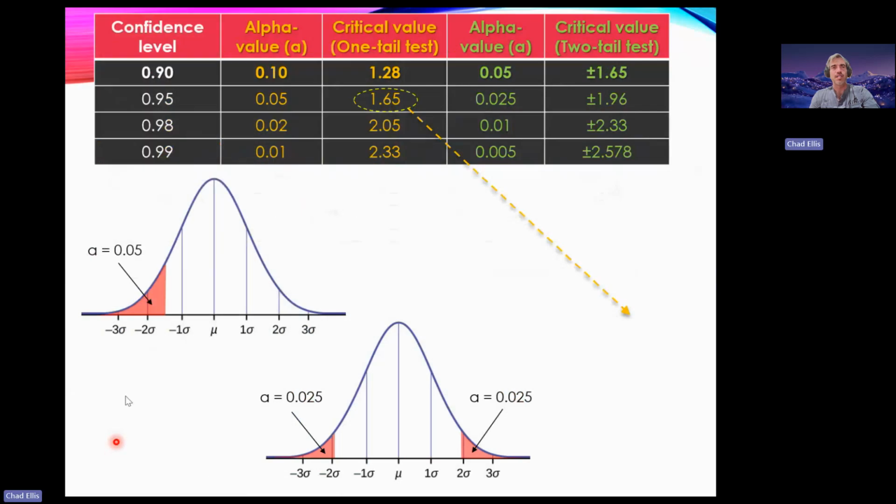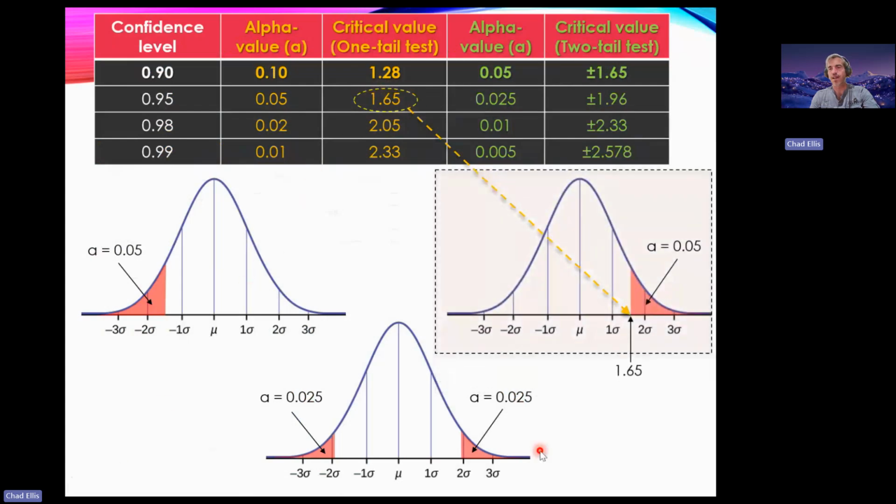All right, so we are dealing with a 95% confidence level. We're doing a one-tail test. So for our one-tail test, our critical value that we're going to compare our Z-stat to is going to be 1.65. Again, our critical value divides our rejection zone from our non-rejection zone.